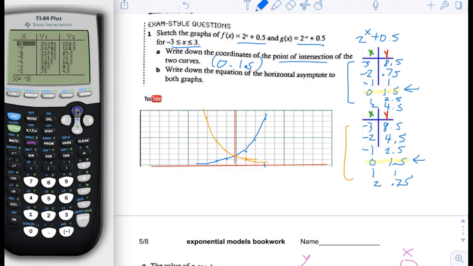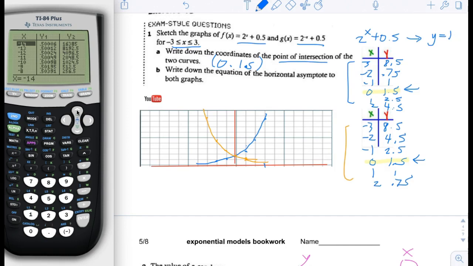And we can see that it gets closer and closer to 0.5 apparently, right? So the horizontal asymptote for the first function, which is this one, is going to be y equals 1.5. I'm sorry, y equals 0.5.